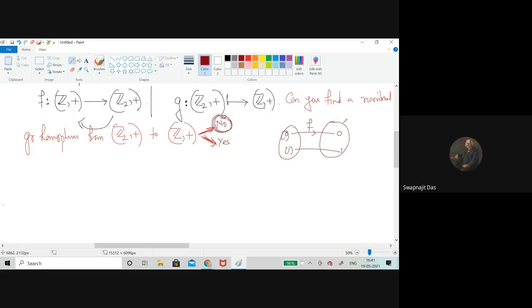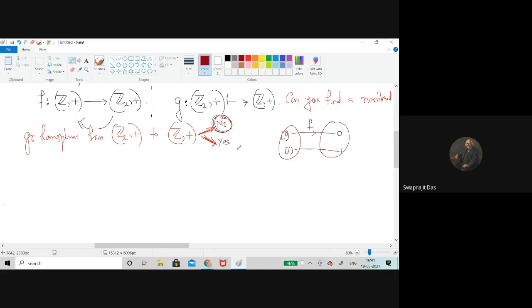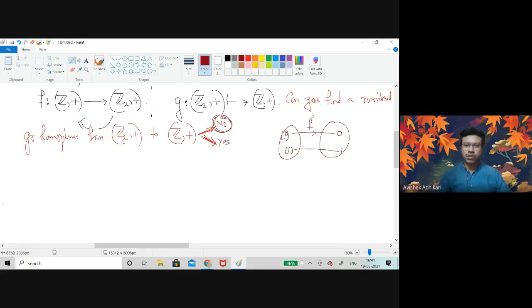Sir, I think it is not a function, sir. Okay, so you say that this is not a function. Why not? Sir, here 0 goes to 0. Again 1 plus 1, and f of 1 plus 1. So you are talking about this function.